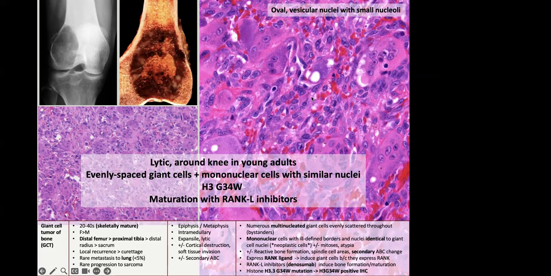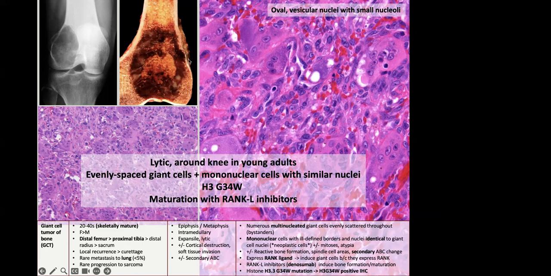This is often compared to chondroblastoma, because in chondroblastoma the nuclei are not like the nuclei of the giant cells. They're more of that kidney bean shape, as we discussed. This has the histone G34W, so a different histone mutation, but also has an immunostain.